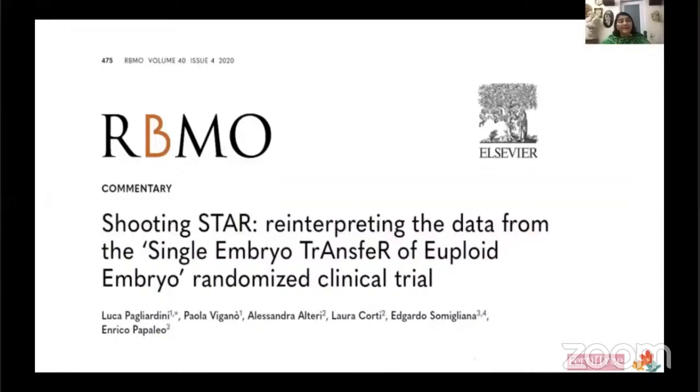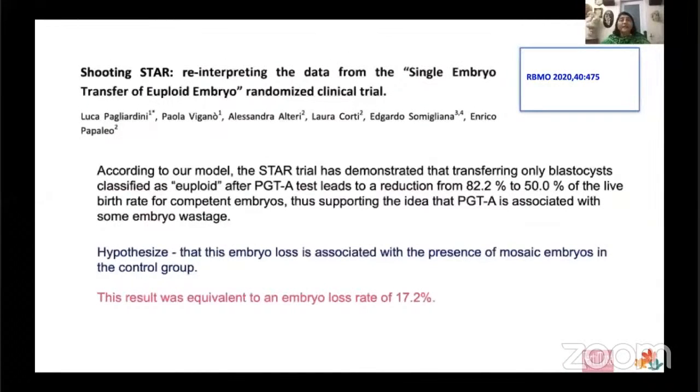Now, this was an article on the STAR trial, and what they showed is that because of using this for younger women, this resulted in an embryo loss of euploid embryos of almost 20%. There are other studies which have shown that the loss of euploid embryos can be as high as 40%.